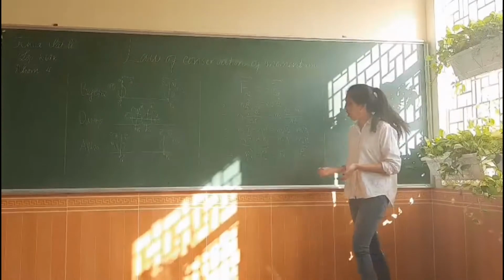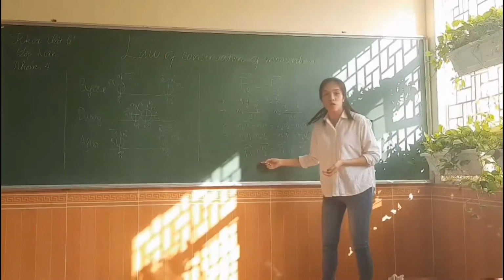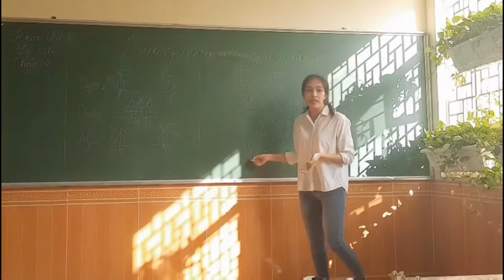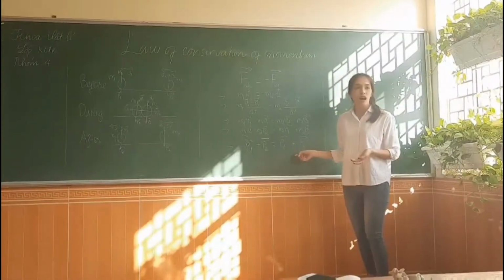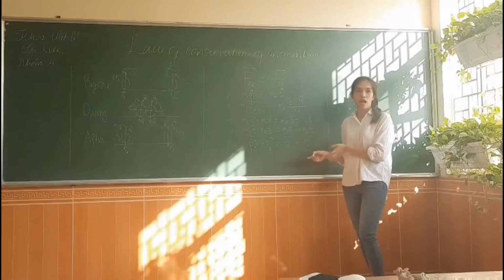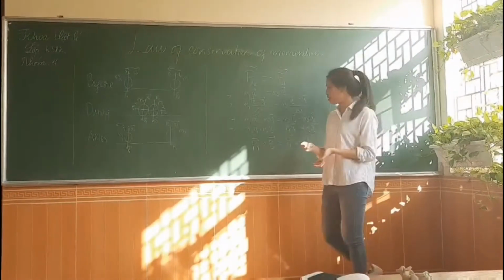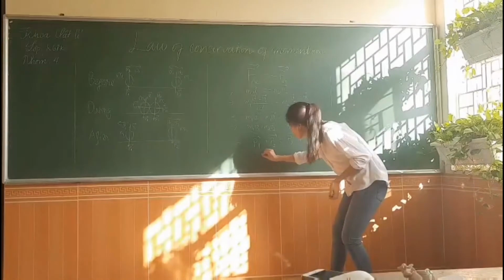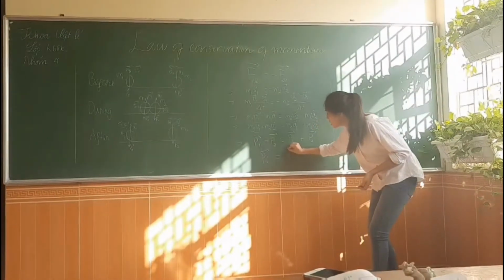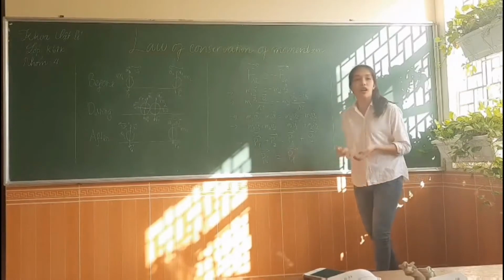Yes. So this is the total of the initial momentum before the collision, and this is the momentum after the collision. And we can easily see that P initial equals P final, right?